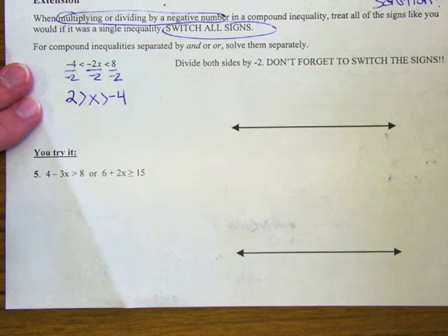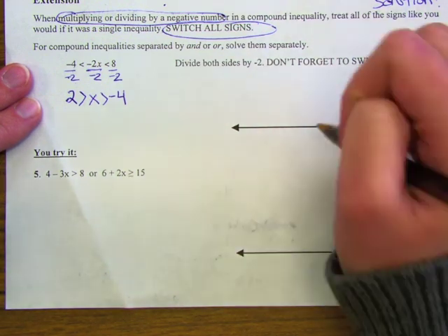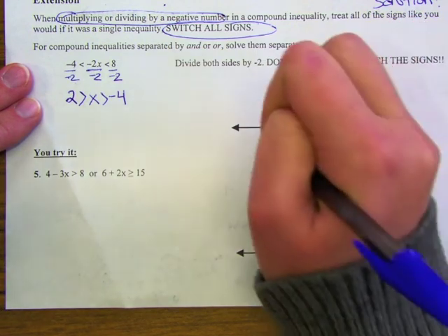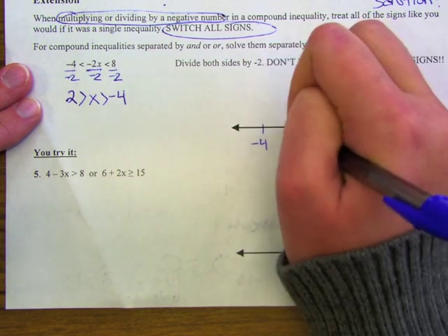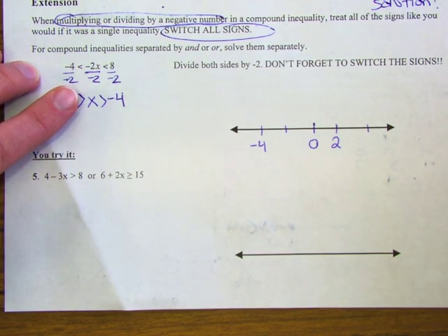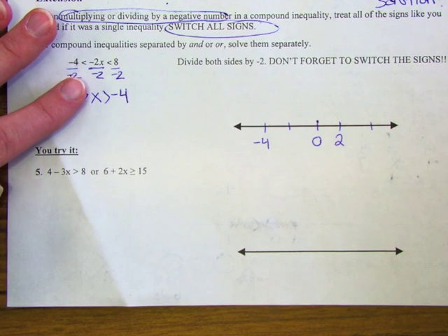So now that I've flipped my signs and written my inequality, I need to graph. So I'm going to label my graph with a 0 and a 2 and a -4. So if I want to graph this side first, I'm going to cover up this side, and I'll say that x is greater than -4.